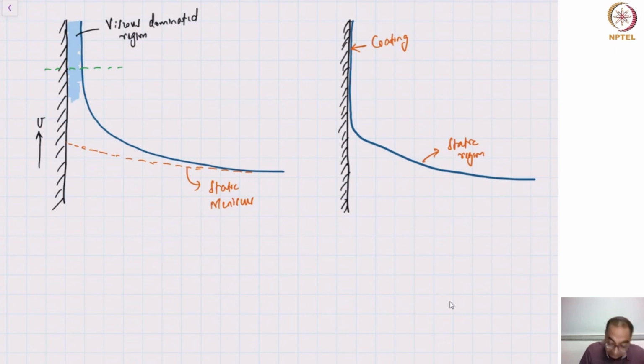In this region, you have a uniform thin film. The flow is fully developed.